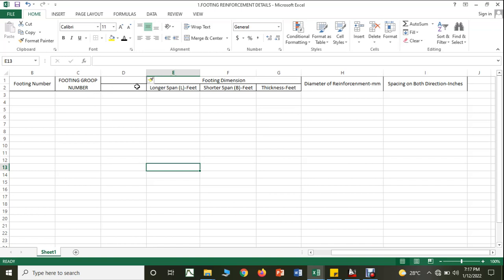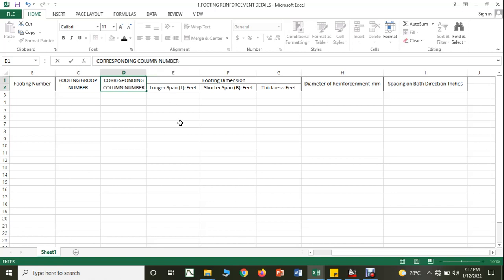I can write this as corresponding column number. If you open the column reinforcement sheet, then you will get the reinforcements of that corresponding column.